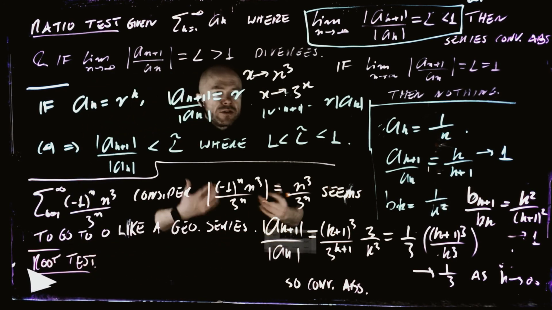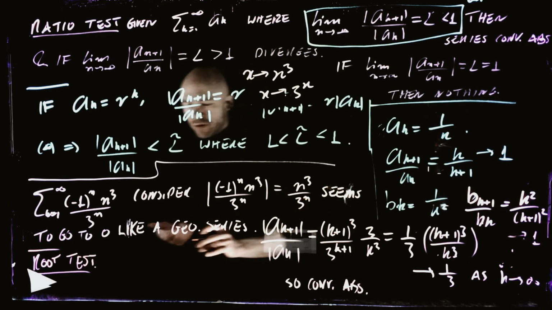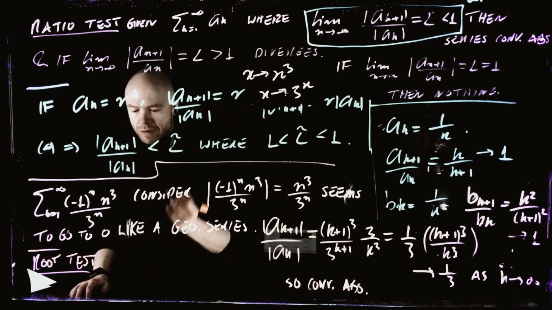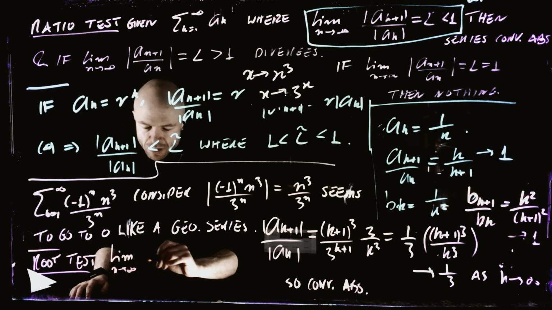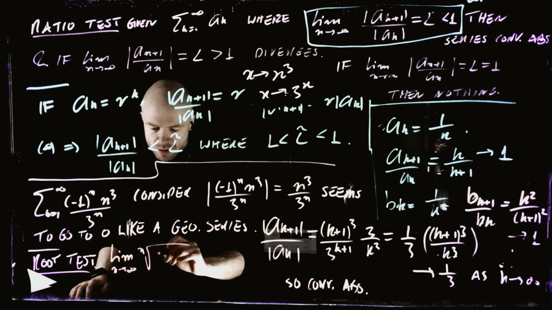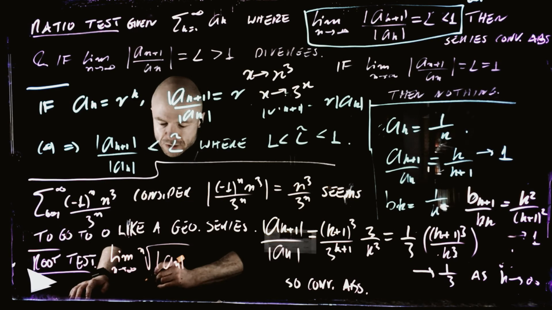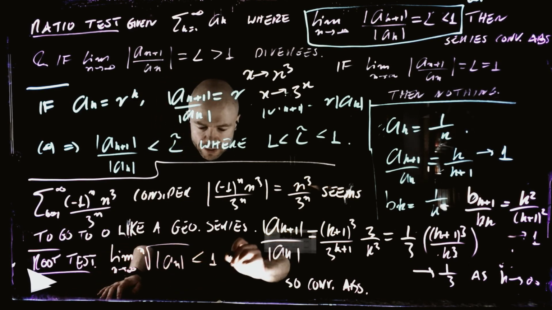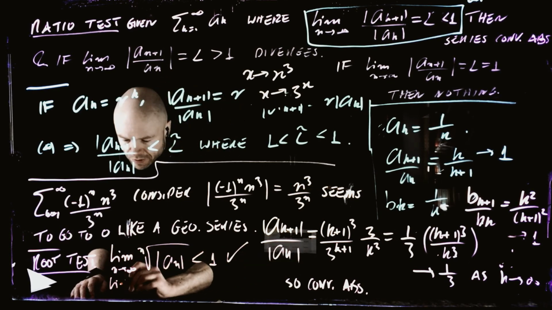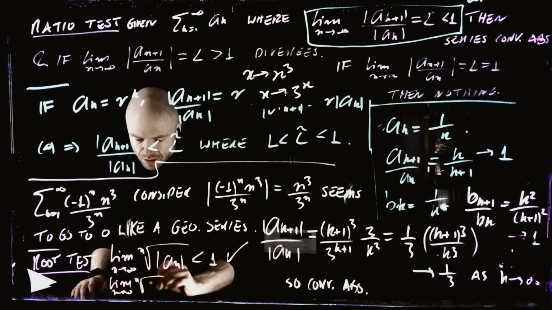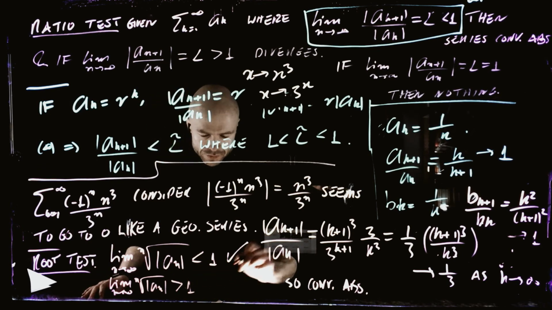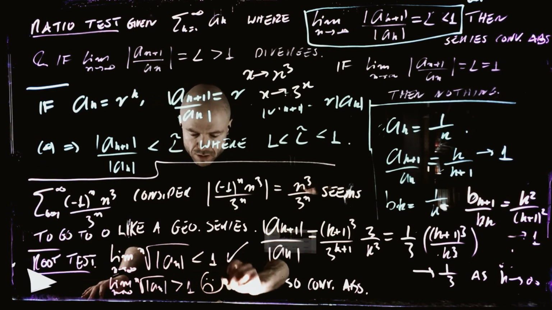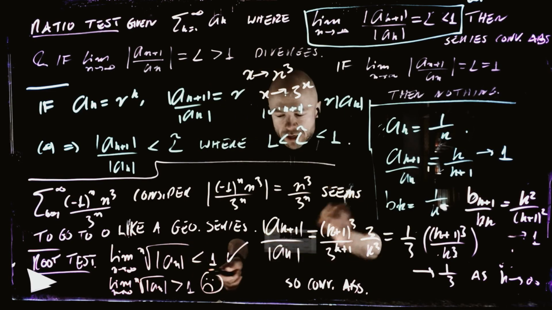Root test is extremely similar in concept, but it's different in form. So the root test is when we have the series, and we're going to look at this expression. We're going to take the nth root of the absolute value of a_n.